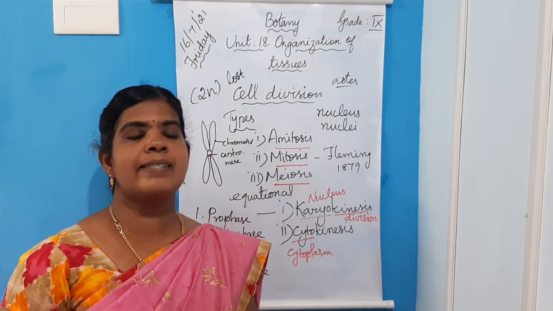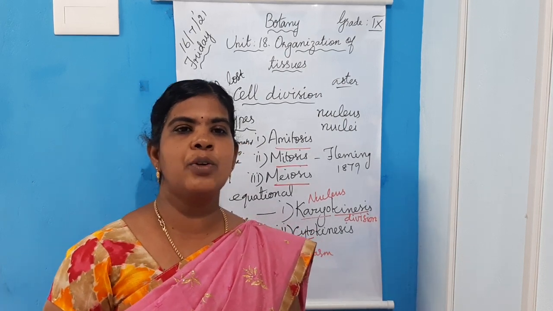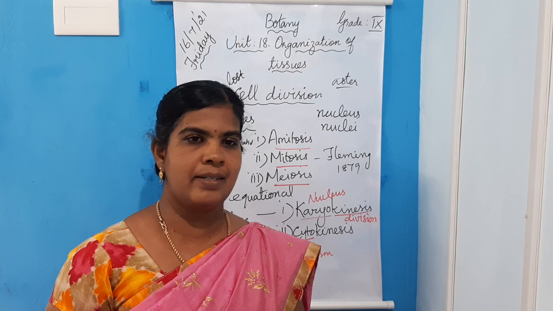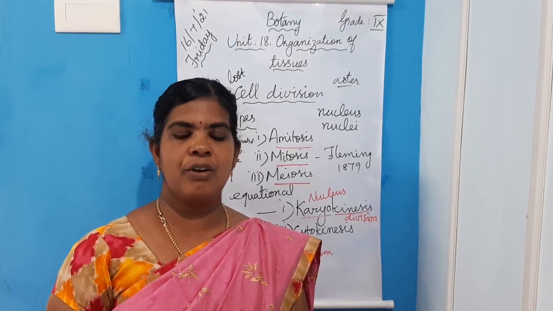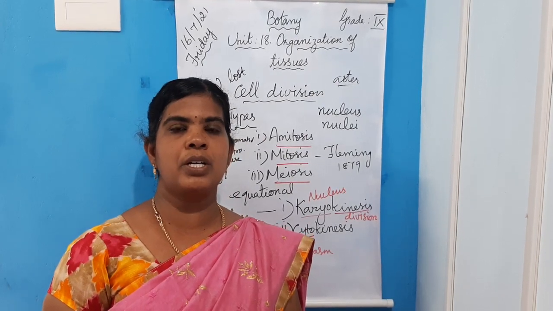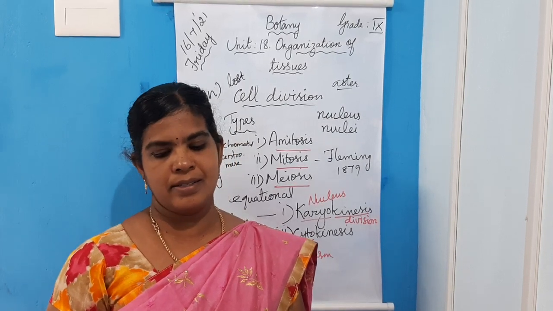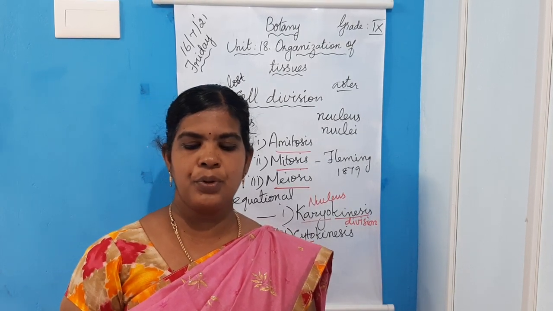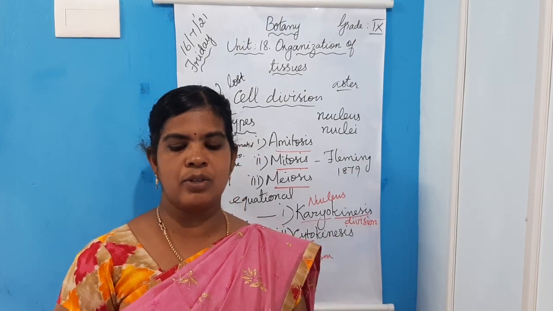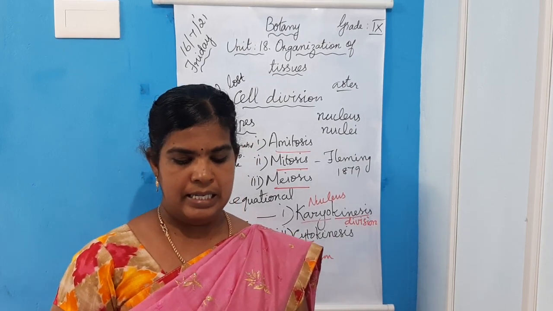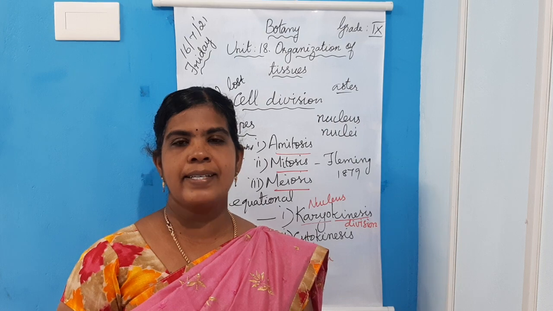Near the heading, write what is karyokinesis. The division of the nucleus into two daughter nuclei is called karyokinesis. Next, what is cytokinesis?